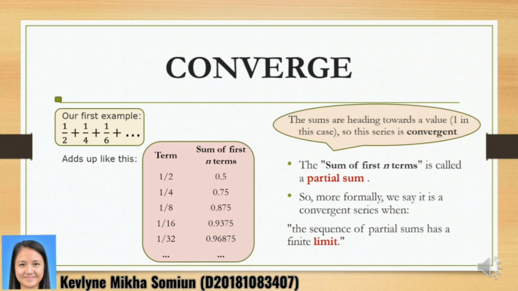Based on the example on the left side of this slide, the sums are heading towards the value 1, so this series is convergent. The sum of the first n terms is called a partial sum. More formally, we say it is a convergent series when the sequence of partial sums has a finite limit.